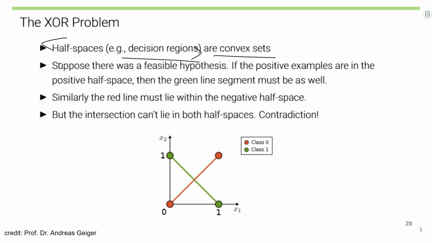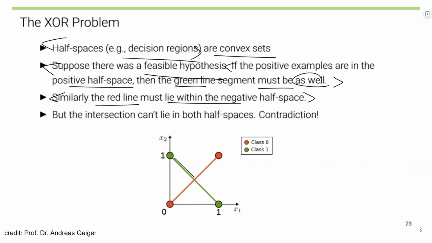Let's suppose that there was a feasible hypothesis, meaning that you could find one. If the positive examples are in the positive half space, then the green line connecting the 2 points must be in the positive half space as well. Similarly, the red line must lie within the negative half space as well.